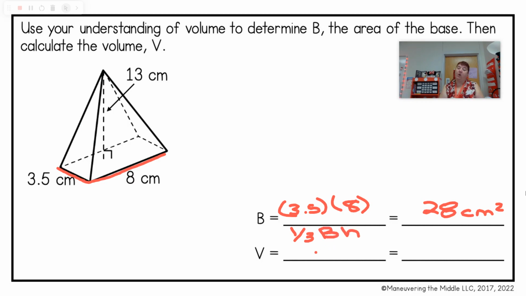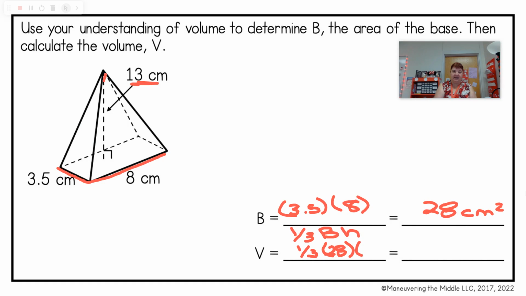Now when you see 1/3, don't freak out about that. That's just like dividing by 3. It's not as hard as you think. It's basically dividing by 3. And I'll show you what I mean. So 1/3 of big B times the height. What's my height? Right here.